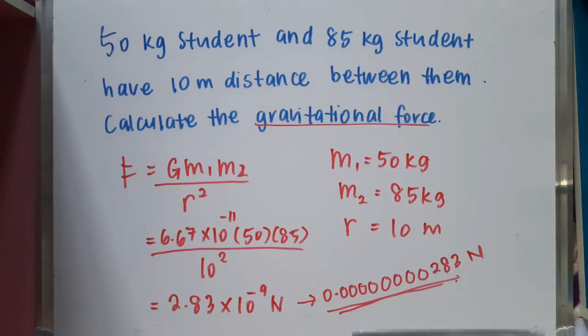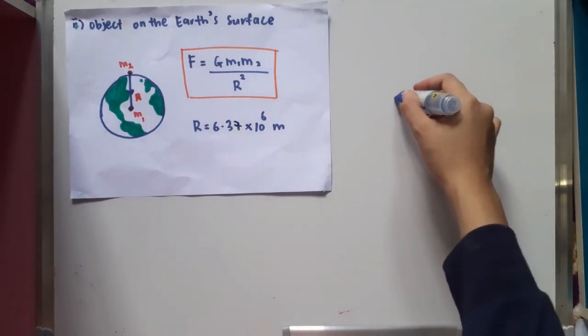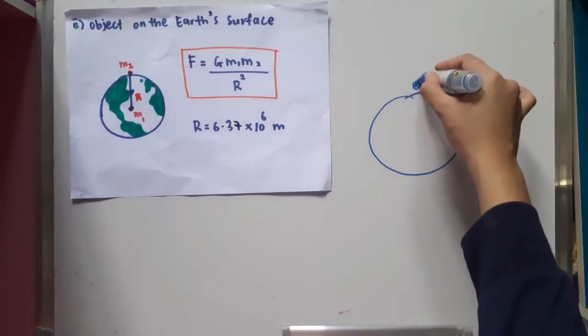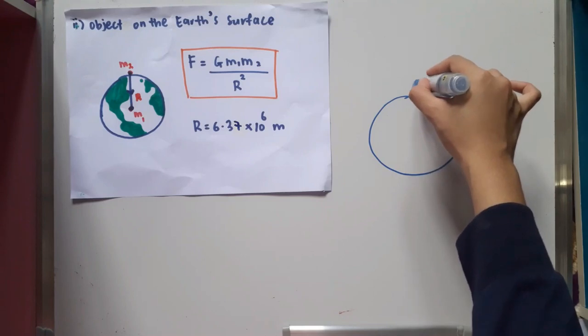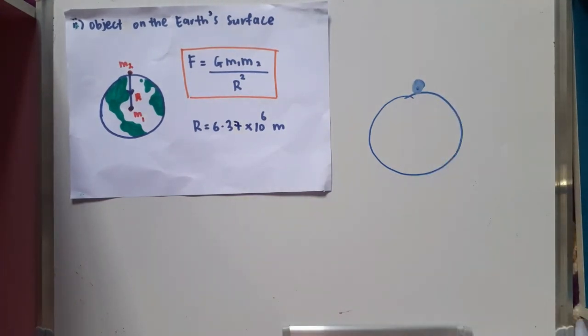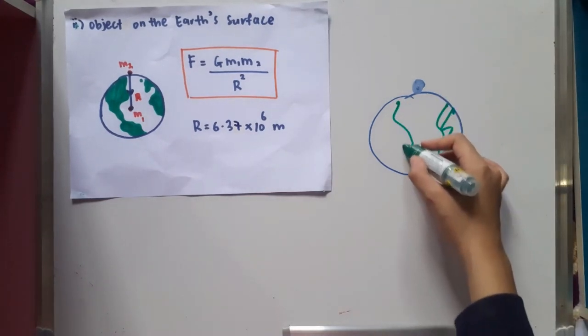Okay class, let's move to the next point, which is the gravitational force between an object on the Earth's surface. That means the gravitational force between the Earth and the object on the surface of Earth. So this is the object on the surface of Earth and this is the Earth.